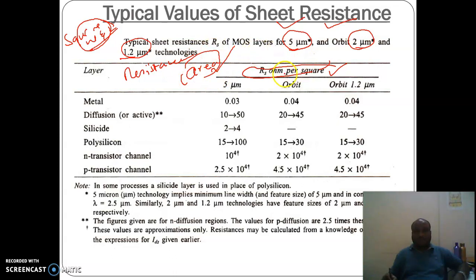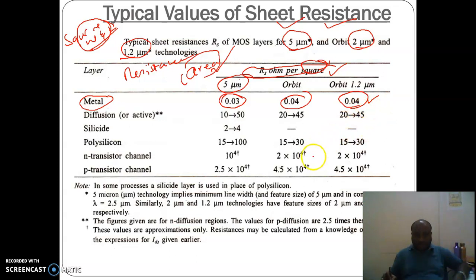So based on that concept, for a metal layer, if that is 5 micrometer technology, for a given square layer, the resistance would be 0.03 ohm per square. If that is 2 micrometer technology, 0.04 ohm per square. If that is 1.2 micrometer technology, that is also 0.04 ohm per square.